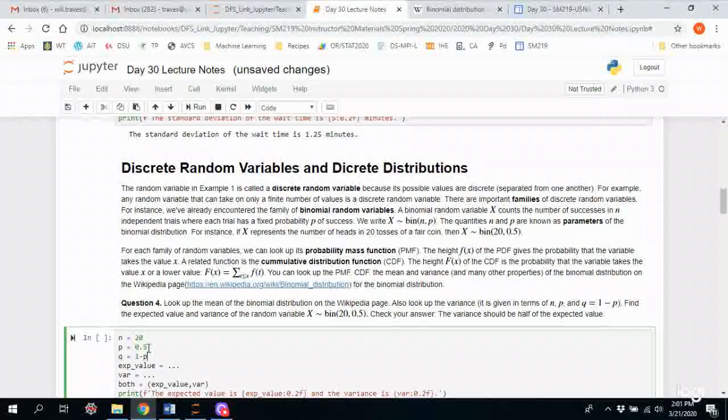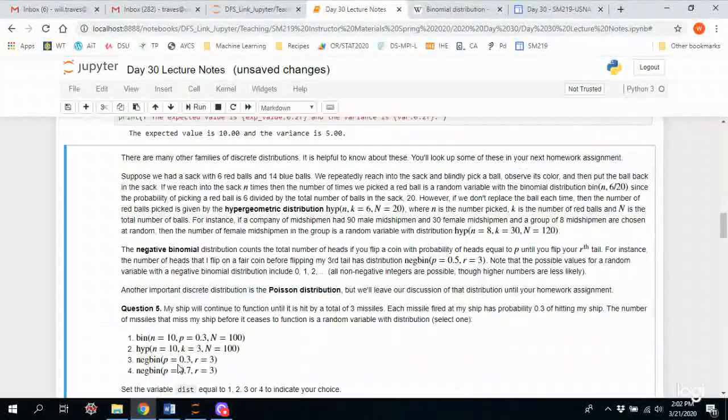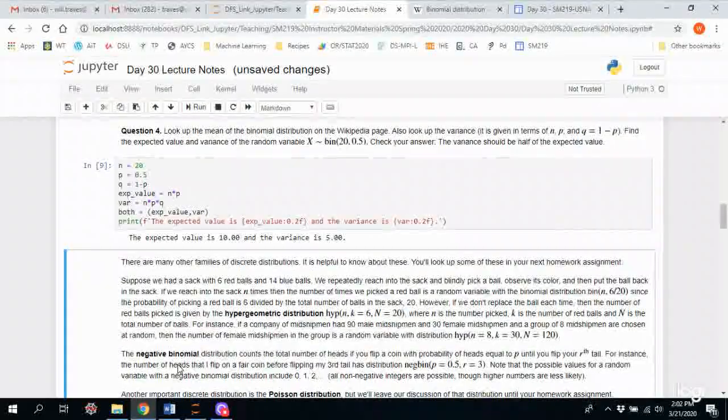So we're, say, flipping a coin 20 times, and we're counting the number of heads, and the probability of getting a head is 1/2, and the probability of getting a tail here is 1/2. And the expected value is n times p. We got that from the web page, and the variance is n times p times q. There we go. The expected value is 10, and the variance is 5, and the variance should be half of the expected value in this case, and it is.